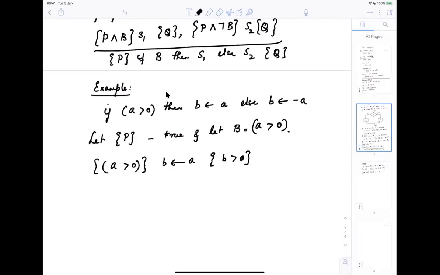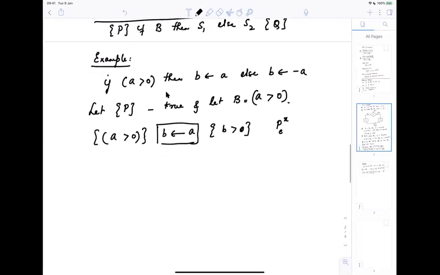Remember, this is of the form P, E, X, right? What is the expression here? This assignment over here. So we have a variable name and an expression on the right hand side. Here X is B. We apply this rule, the rule of assignment. Now B is greater than 0.